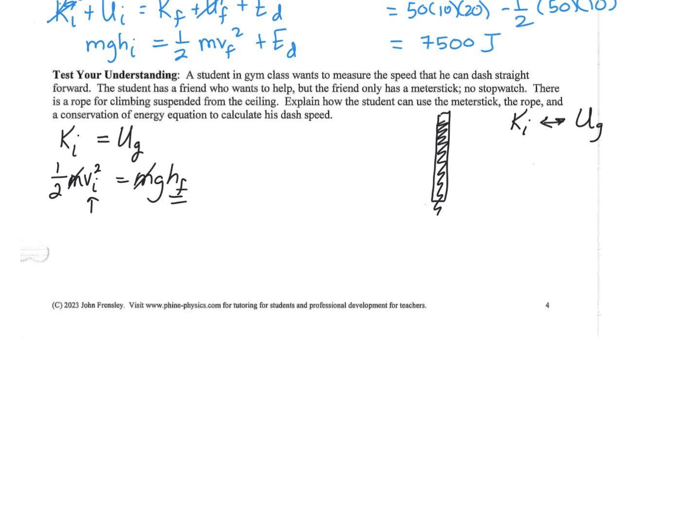So my plan is to run at this rope, grab it, and let myself swing upward until I reach some particular height, and I'm going to measure the difference in my height from the ground to how far I rise.